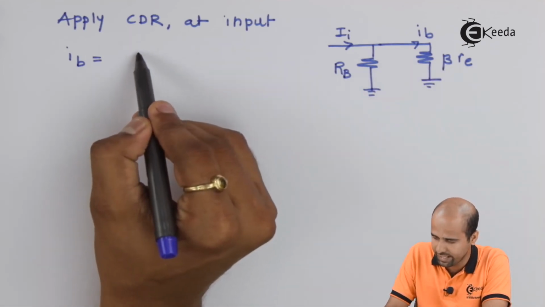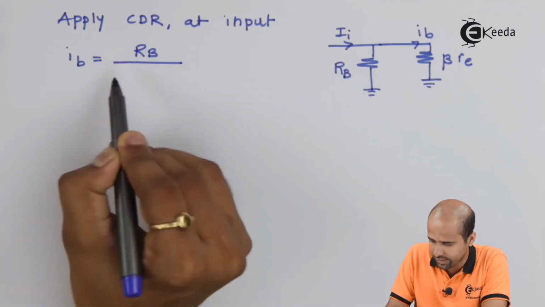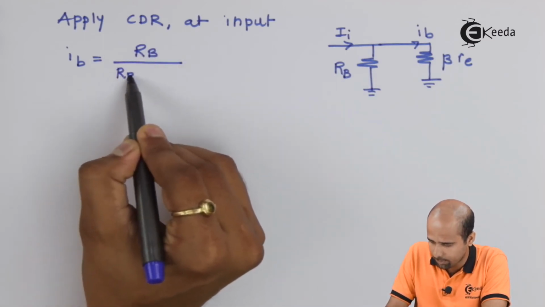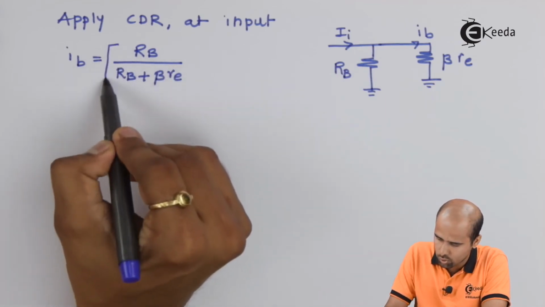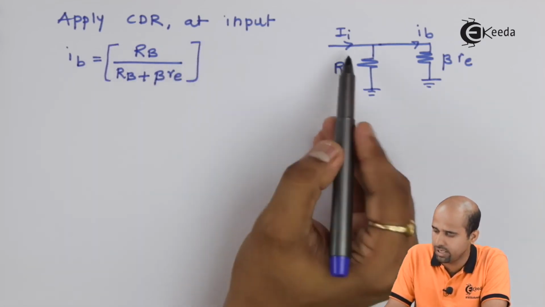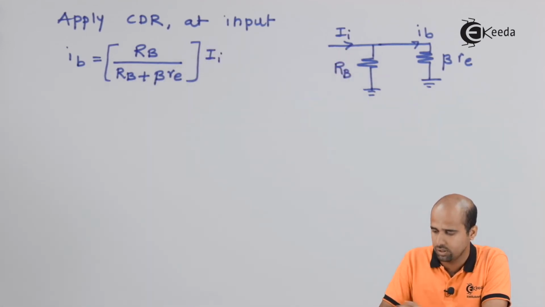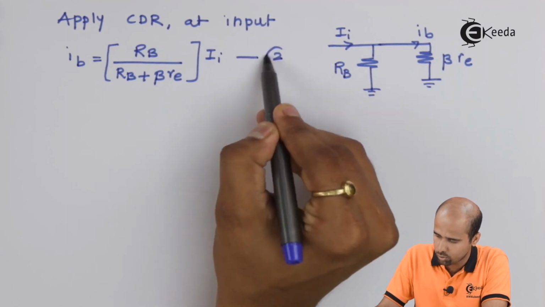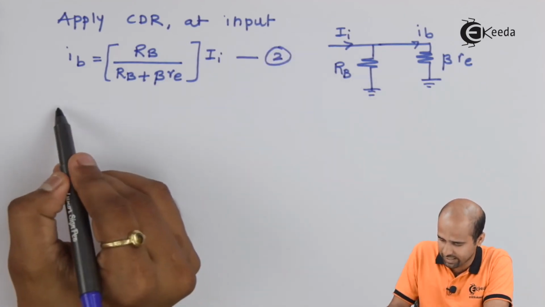So here we will be getting capital RB divided by capital RB plus beta into small re multiplied by total current, that is II. Equation number 2.